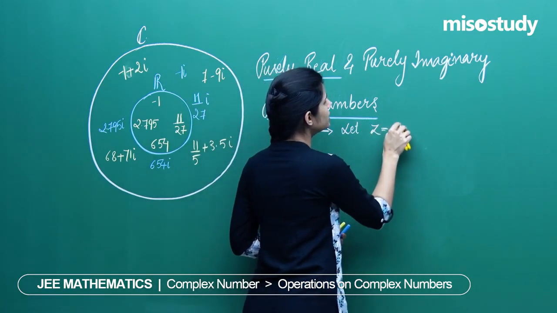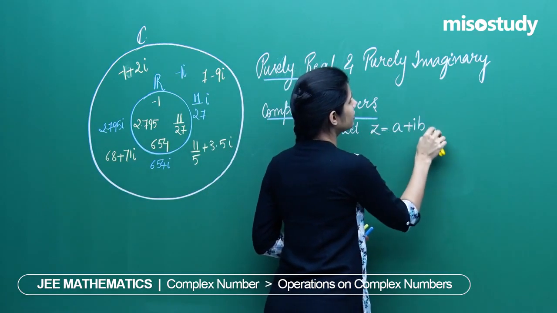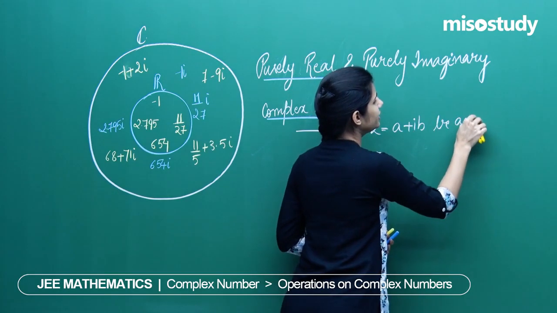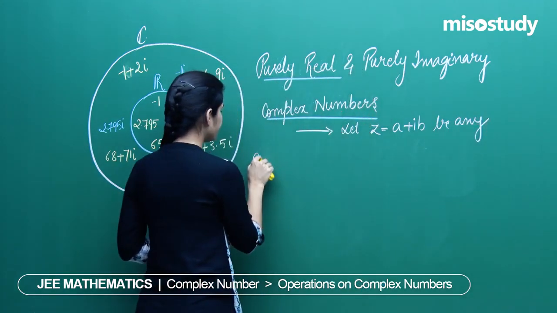Let z equals a plus ib be any complex number.